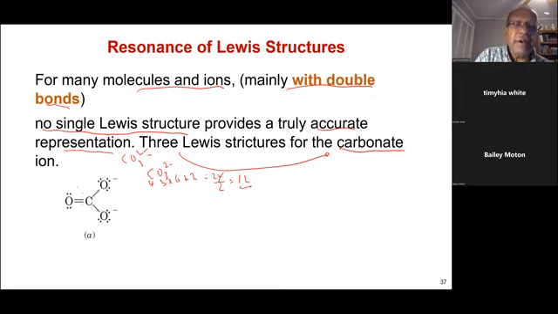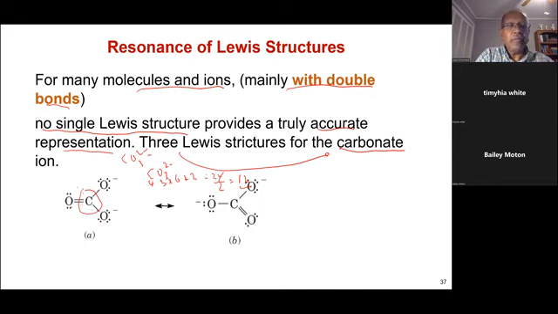In the real carbonate, all the bonds are shorter than single bonds. A double bond is shorter than a single bond. All the bonds are a little shorter. Therefore, to represent why all 3 are equal in length in the real carbonate molecule, you have to show structures where this double bond could be at different places.